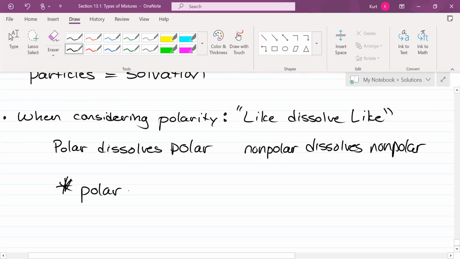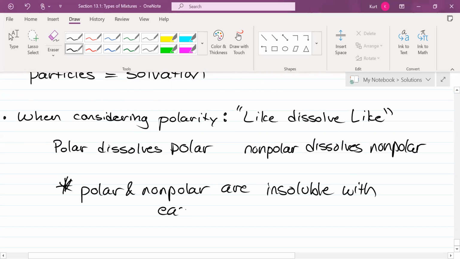Polar and nonpolar, here's a new word, are insoluble. Actually, we did this word a few days ago, with each other. They just won't mix. Things like fat are nonpolar.